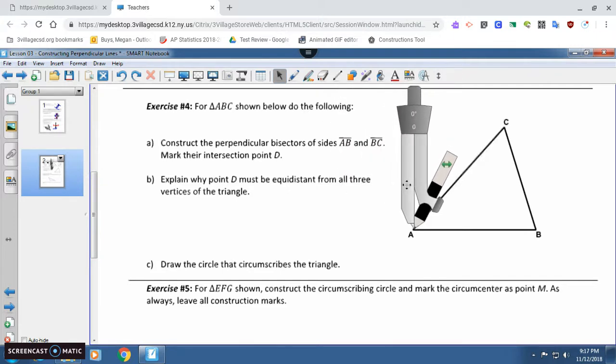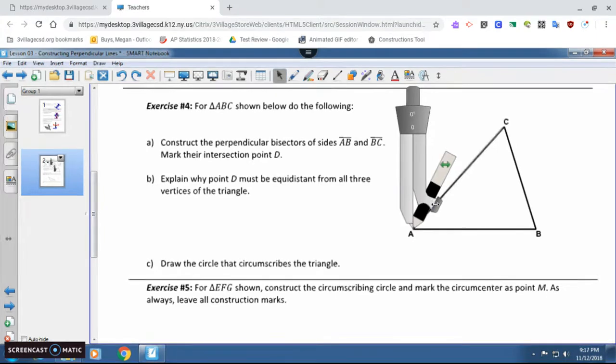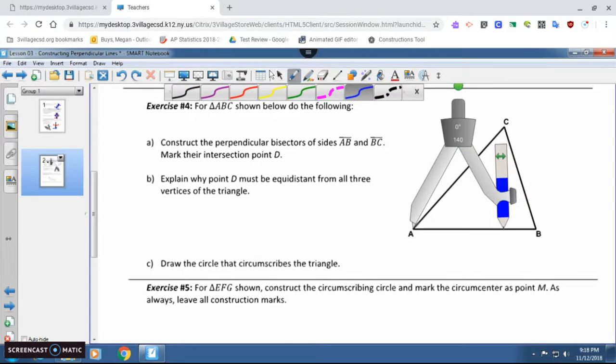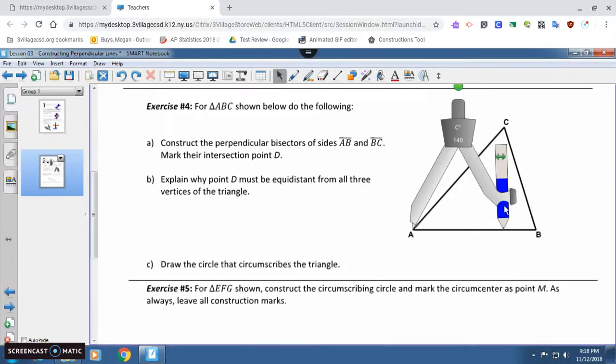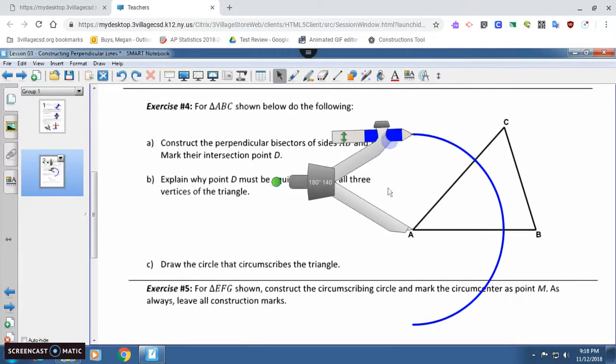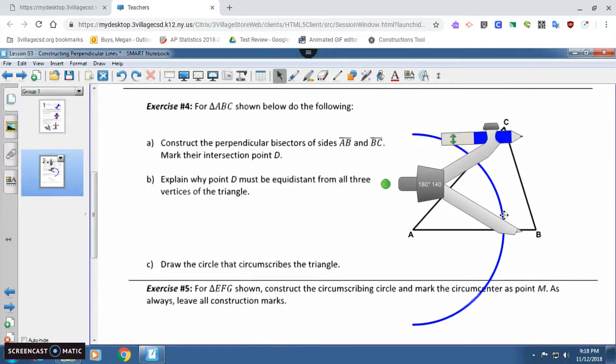from A to B, I'm going to make sure to go more than halfway. We make our arc from both endpoints.